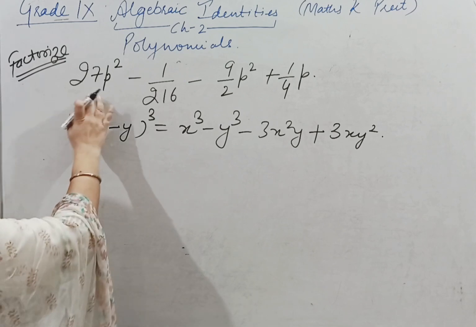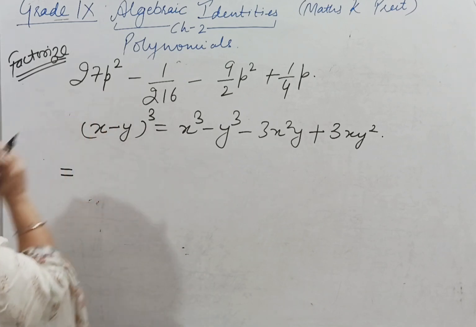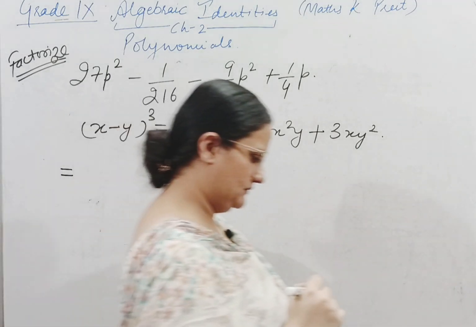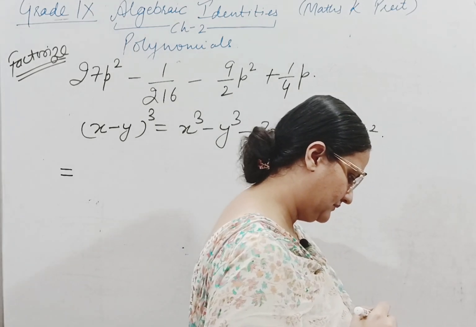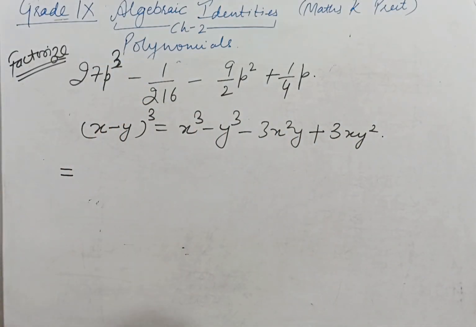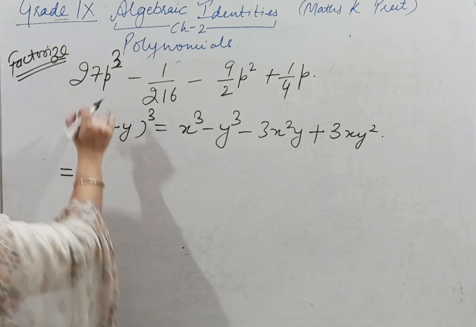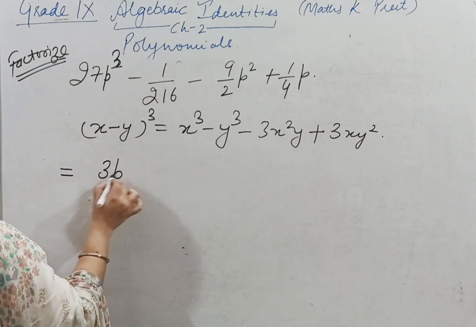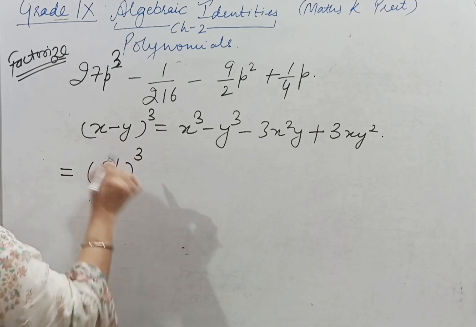So from here this expression can be written as, this is p square. So this is p cube. So I can write this as whole cube by just writing 27 p cube as (3p) whole cube. Fine.